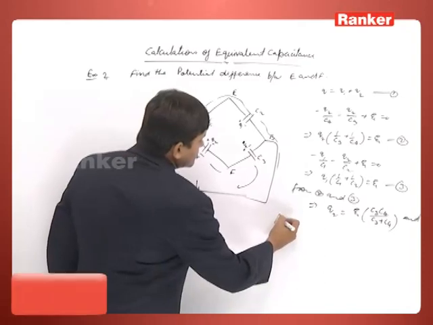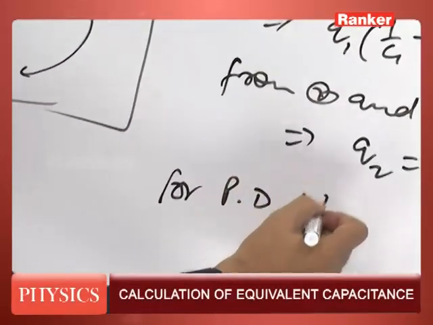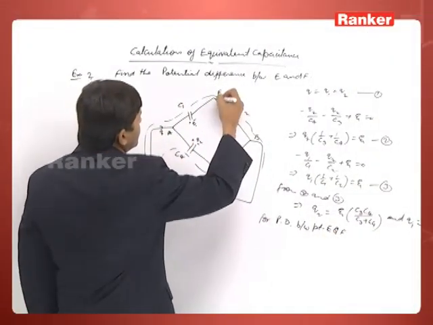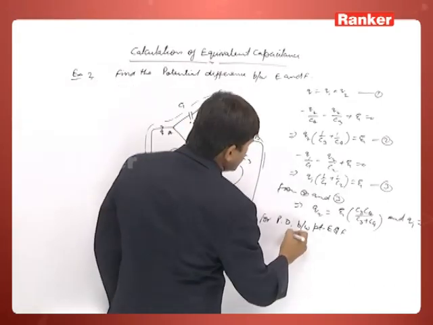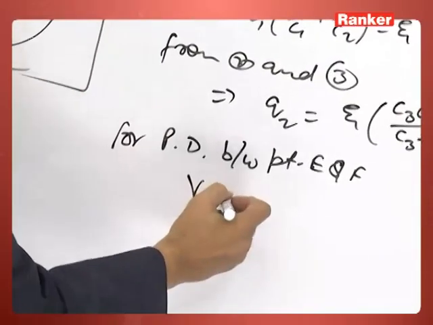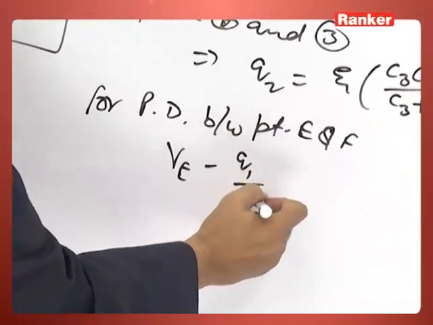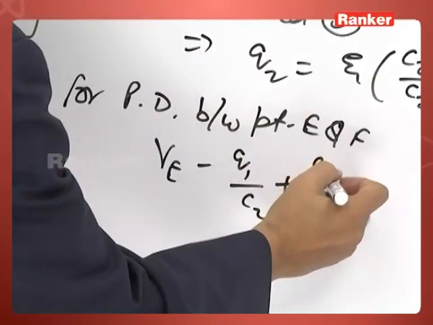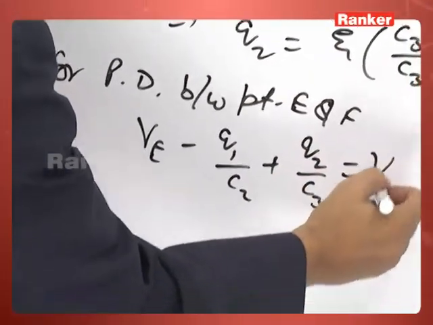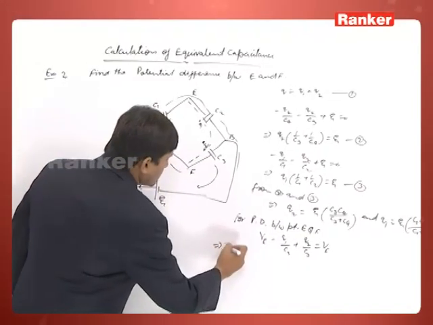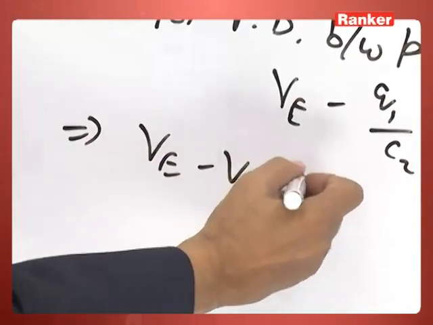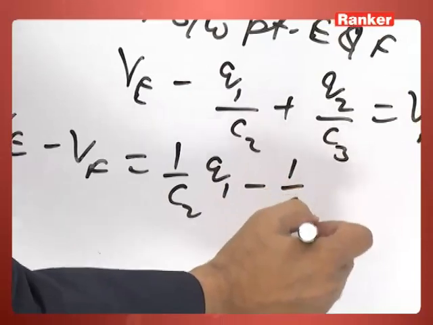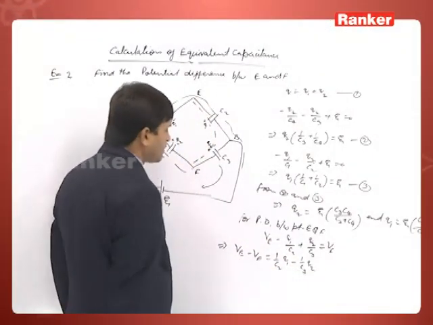So, for potential difference between point E and F, we can apply Kirchhoff law here from E to F. So, VE minus Q1 by C2, then plus Q2 by C3, which is equal to your V at F. So, VE minus VF is written as 1 by C2 of Q1 minus 1 by C3 of Q2. Now, substitute the value of Q1 and Q2.